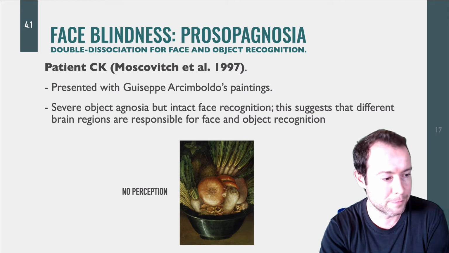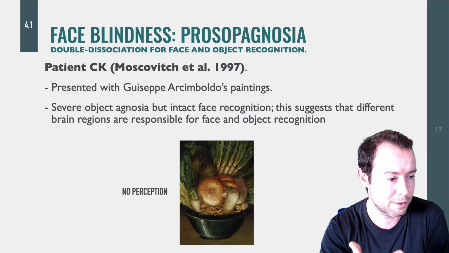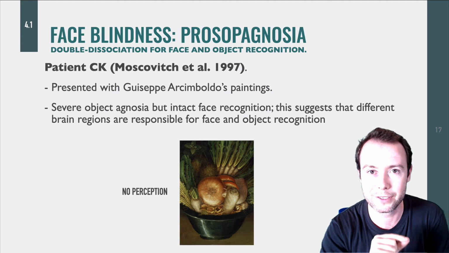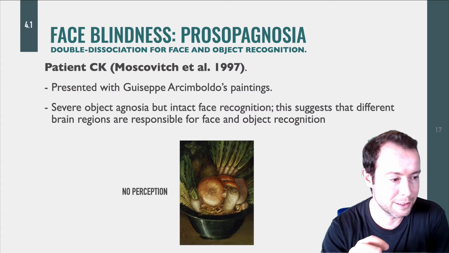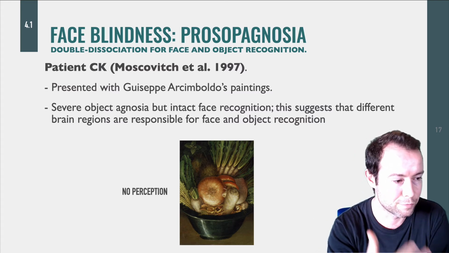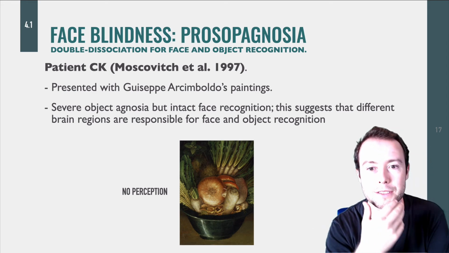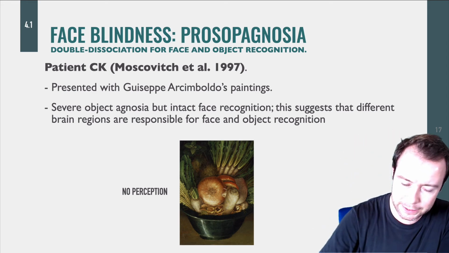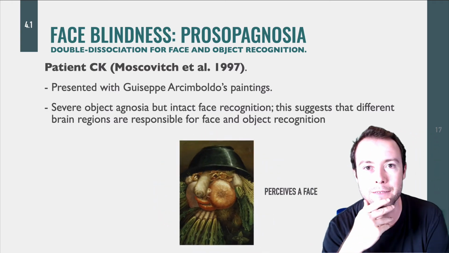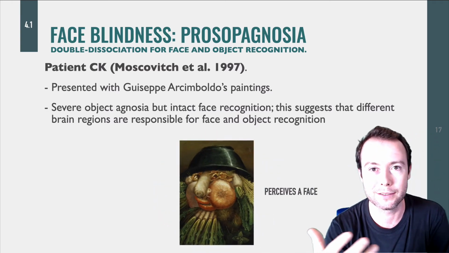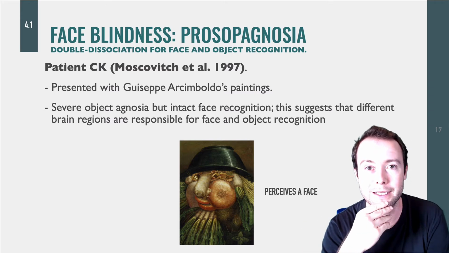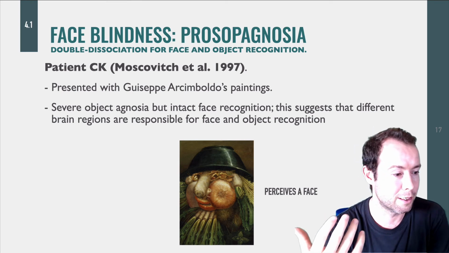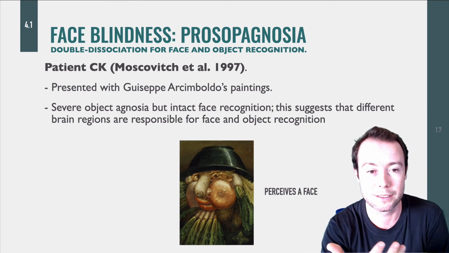When you showed him the image upright, the bowl of vegetables, he would have a very hard time distinguishing that it was a collection of vegetables, and distinguishing individual vegetables in there, like an onion, radish, parsnips, etc. But the interesting thing is when you rotate this image around, it contains the features of a face, and he would accurately interpret that what he's looking at now is the image of a face.